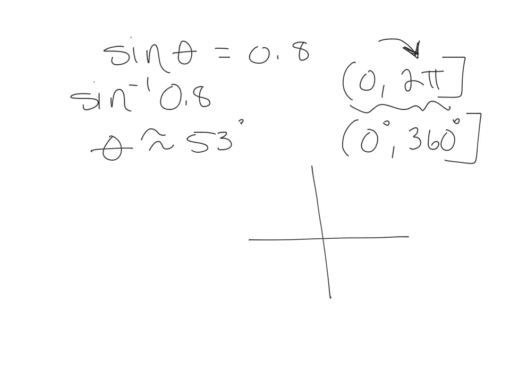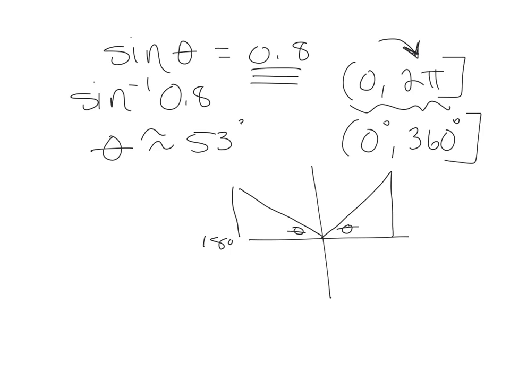That's one answer. That's one that's in this quadrant, right here, first quadrant. 53 degrees is in the first quadrant because remember the first quadrant goes from 0 to 90. Sine originally was positive. There are 2 places on the unit circle that the y values are positive, in the first quadrant and in the second quadrant. This is 180.